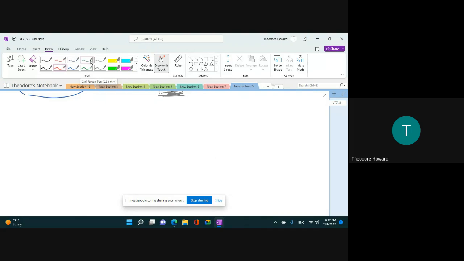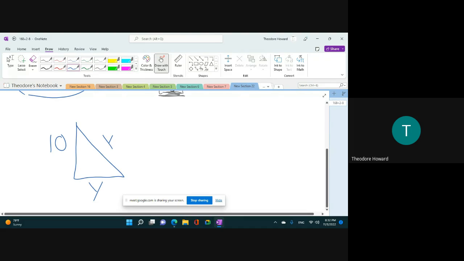All right, so now let's go ahead and get this other triangle stuff together. So I'm going to draw this one. This looks familiar to us. If I got 10 right here, and I got y right here, and again, this is a 30-60-90.